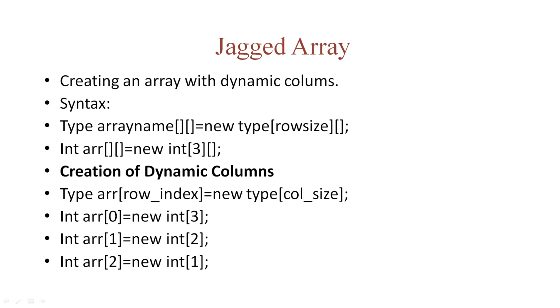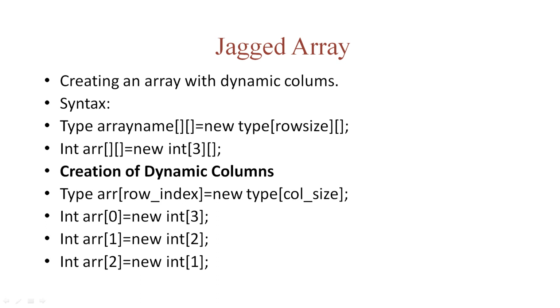In general multi-dimensional concepts, each row has a common number of columns. Row 0 will have 3 columns, row 1 will have 3 columns, and row 2 also will have 3 columns.